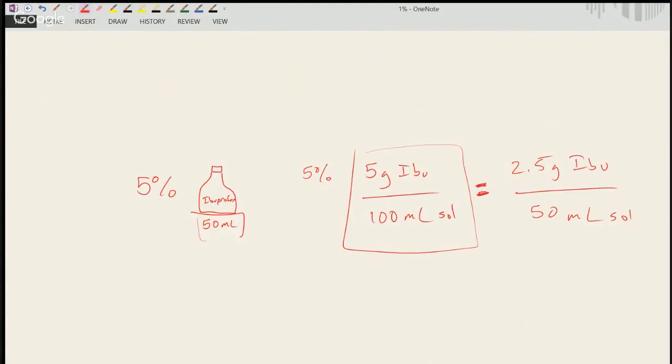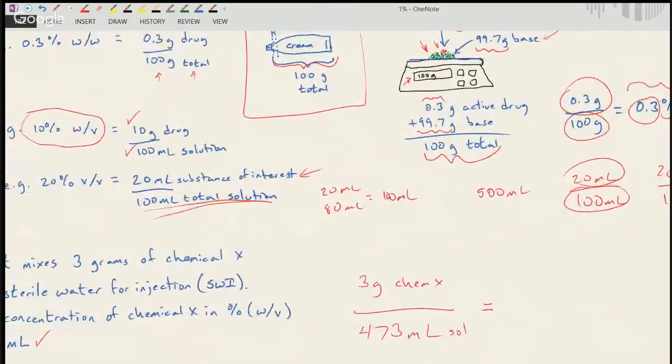Just like before, where we have percent meaning the number of grams of substance per 100 mLs of total solution, we can set up our problem in the same way. 3 grams of chemical X over 473 mLs equals how many grams in 100 mLs? Can you see how the answer, when we find X, will be the percentage of our solution? Because what we are finding is the number of grams per 100 mLs.